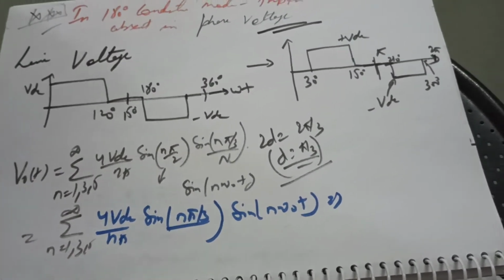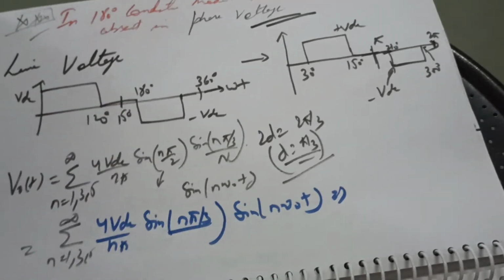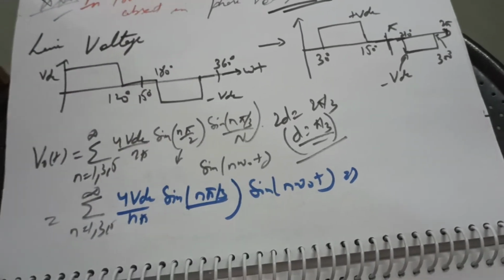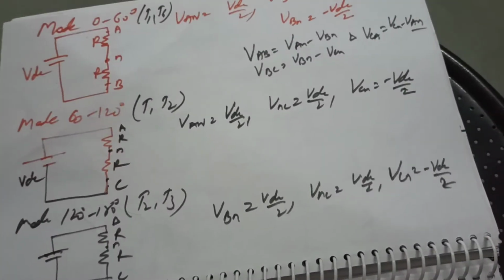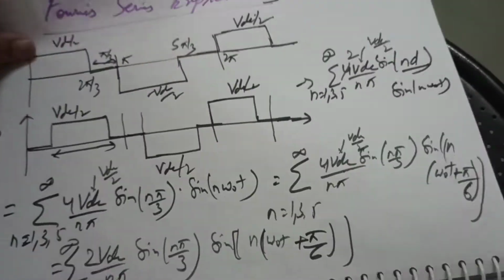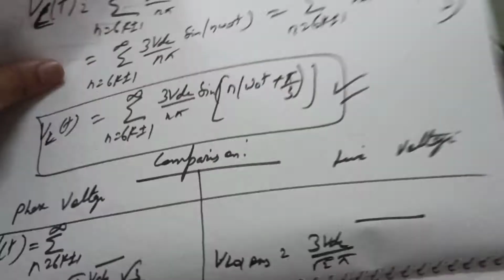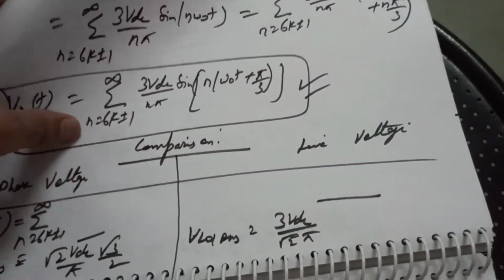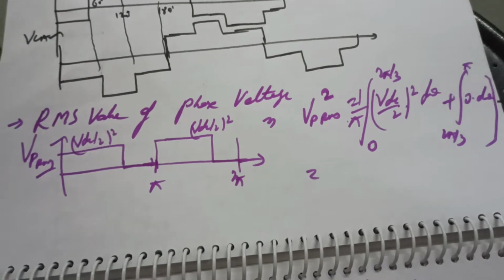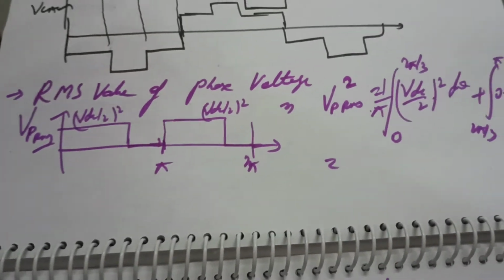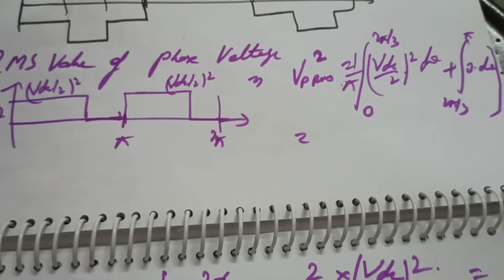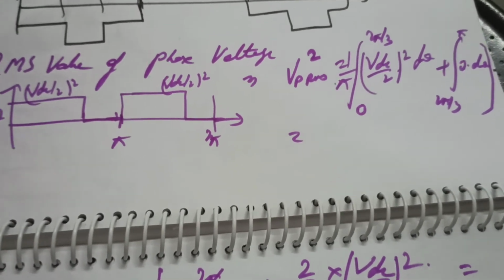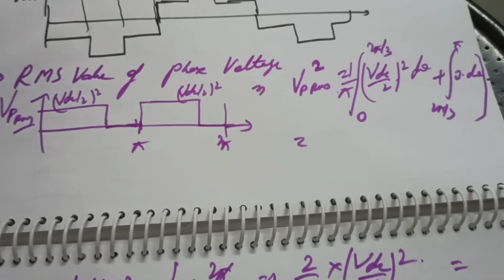You can say both the waveforms of this part will have a sin n pi by 3, because these are all derived from PWM. The rest both won't have that. That is for sure. Why is sin n pi by 3 there? Because they all have the PWM expression between them. Is it clear or not?